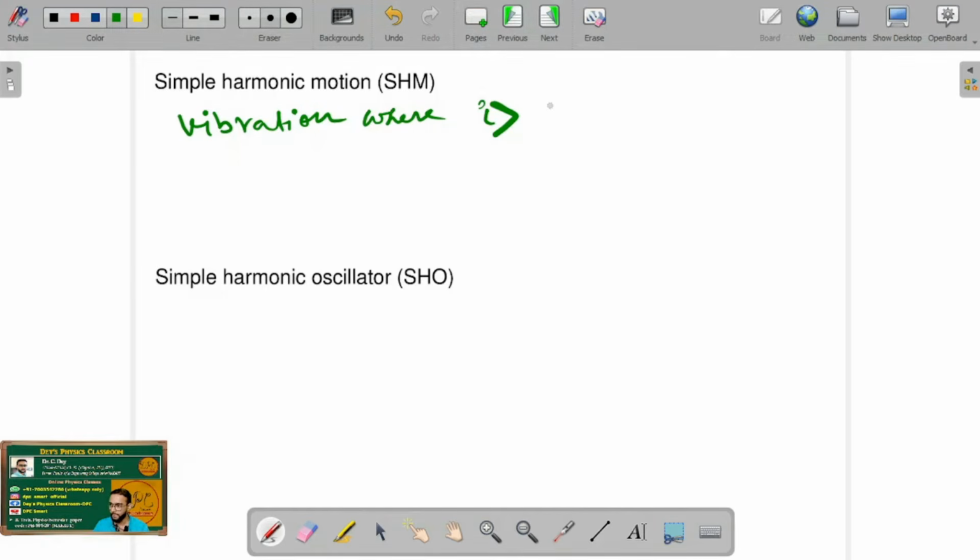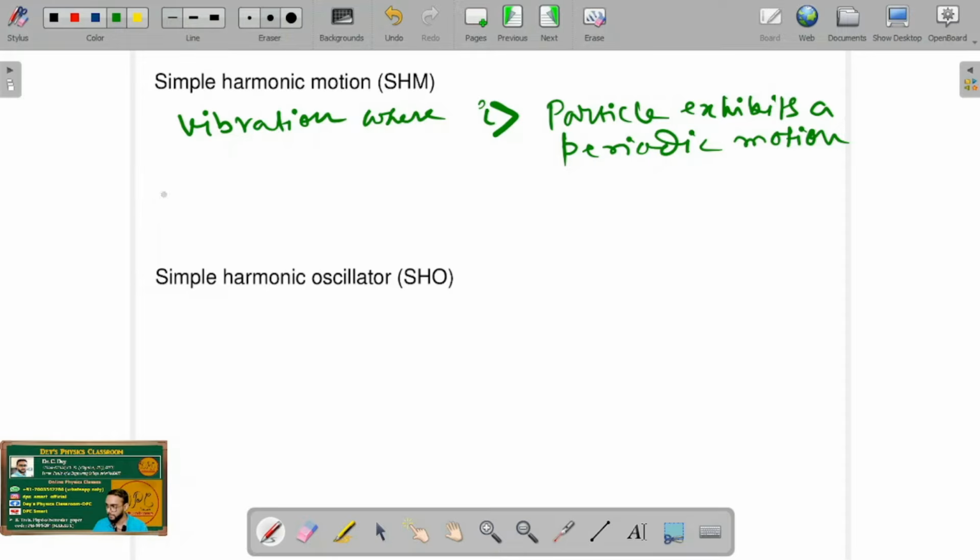First condition, the particle exhibits a periodic motion. Second condition, displacement is very small.